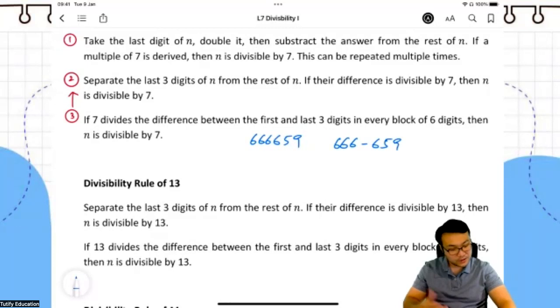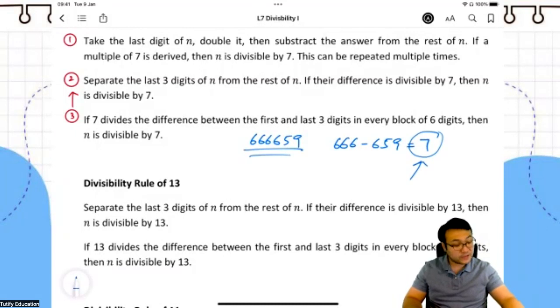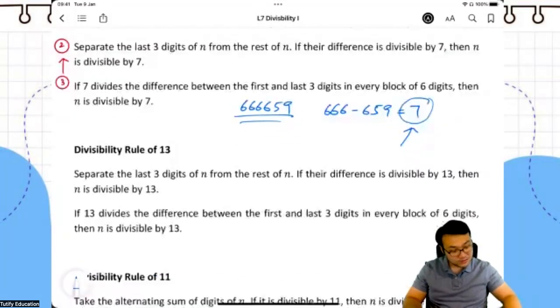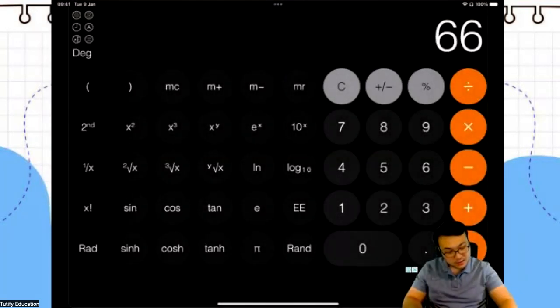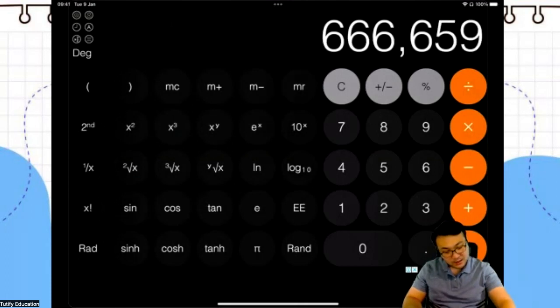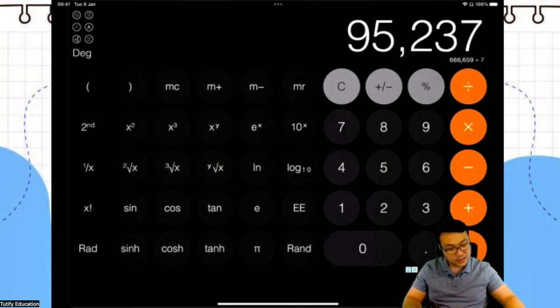What's the difference between the last 3 numbers and the rest of n? Oh, you realize it's 7, right? So if the answer is divisible by 7, then the entire thing, 666659, should also be divisible by 7. Let's take a look. 666659 divided by 7, and you will get a whole number.